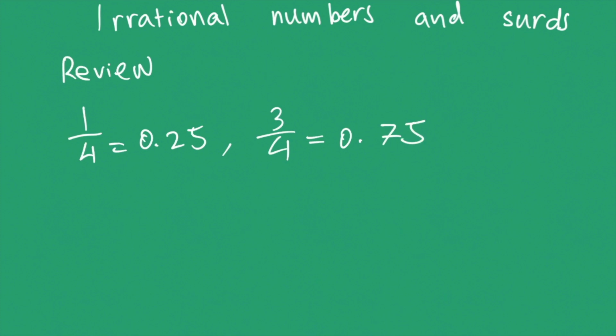And there are also some fractions that have decimals that do not terminate. For example, 1 over 3 equals 0.333 ellipsis, which we write as 0.3 with a dot, and we call this 0.3 repeating.